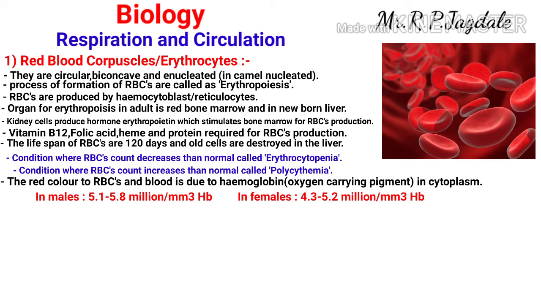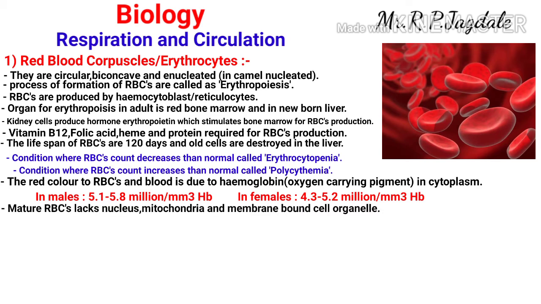Now talking about the mature erythrocytes, that is mature RBCs. Mature RBCs lack the nucleus, mitochondria, and other membrane bound cell organelles. They lack all these, but in their cytoplasm they have hemoglobin and enzymes like carbonic anhydrase.